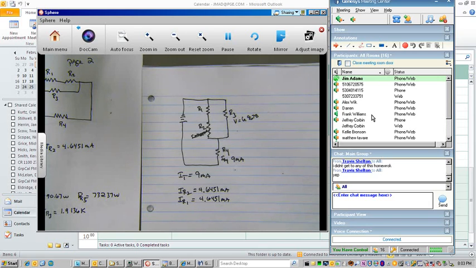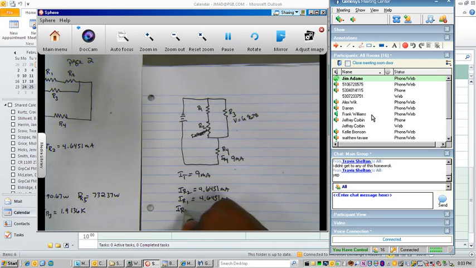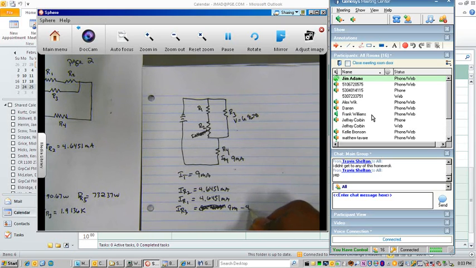Okay, now, we know IR4 is 9 milliamps, right? Okay, so that means total current is 9 milliamps. Everybody agree with that? Yeah.